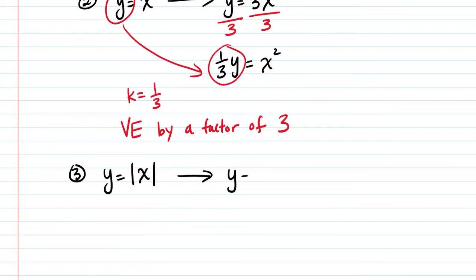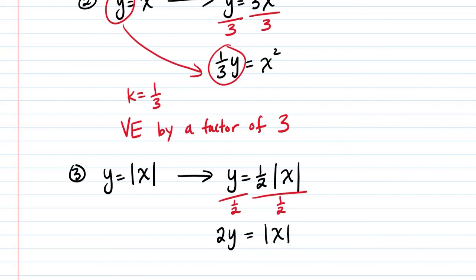Next one, y is absolute value of x. That becomes y is 1 over 2 absolute value of x. So the constant is now multiplied to the x variable. So let's change the form. Move the 1 over 2 to the variable y by dividing by 1 over 2, which is the same as multiplying by 2. So 2y is absolute value of x.